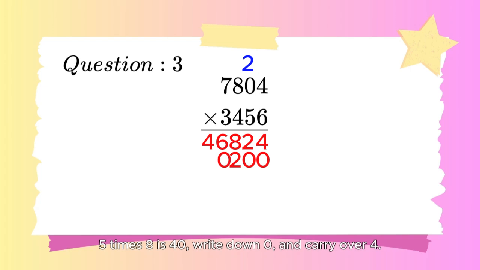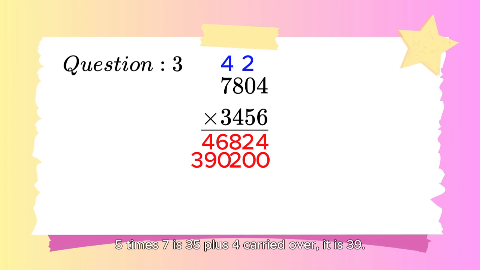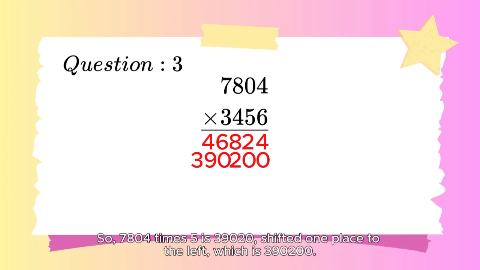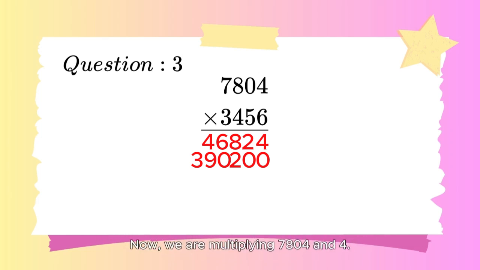Write down 0 and carry over 4. 5 times 7 is 35 plus 4 carried over, it is 39. So 7,804 times 5 is 39,020, shifted 1 place to the left, which is 390,200. Now we are multiplying 7,804 and 4.